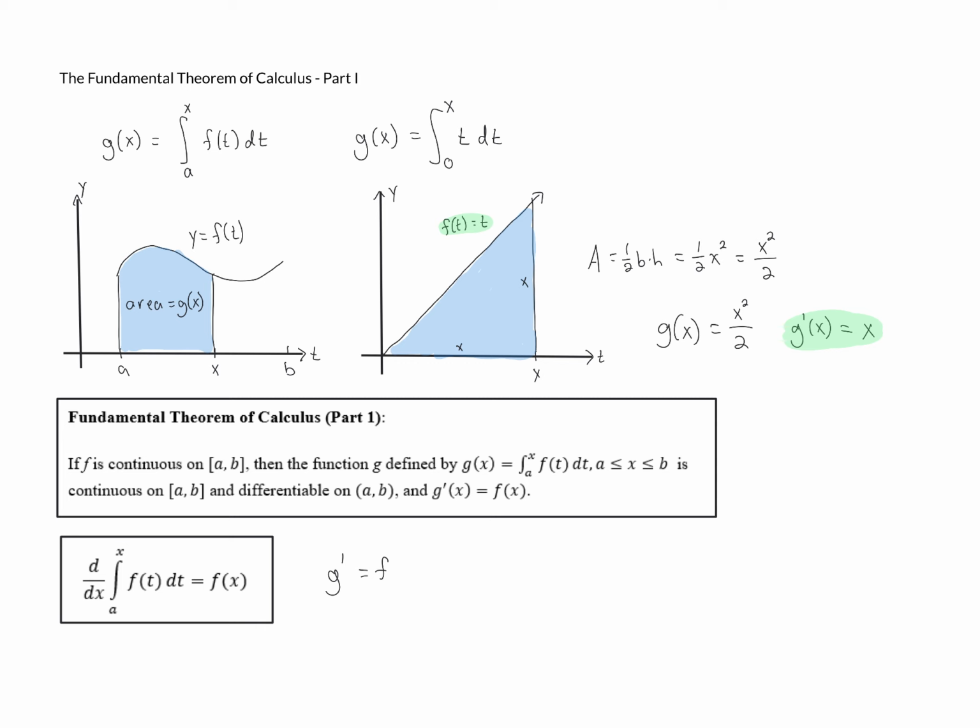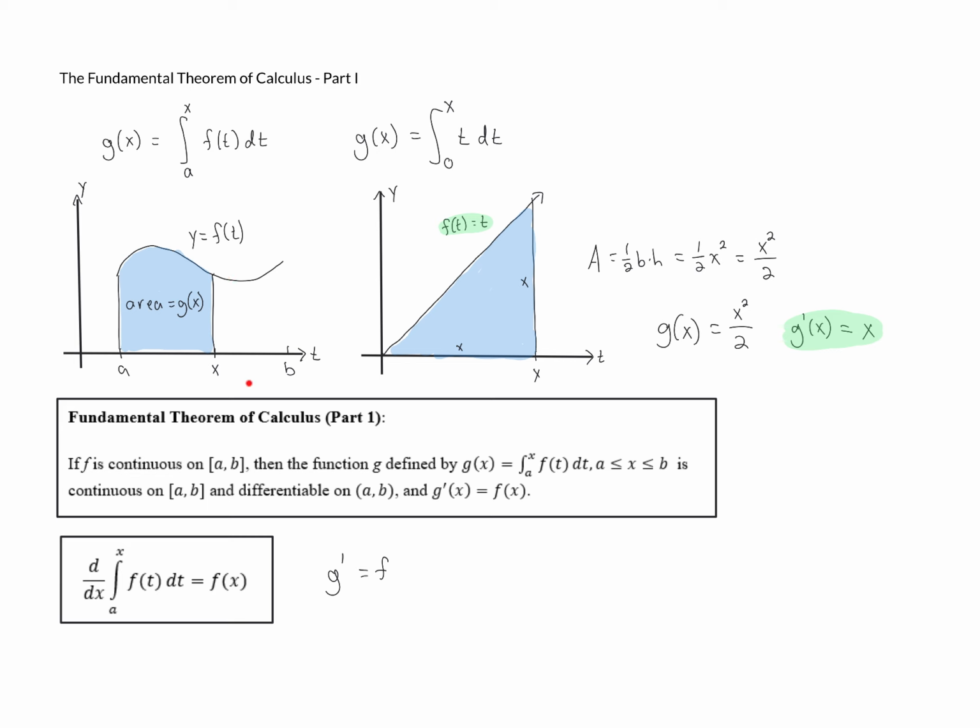in this particular case, anytime x is increasing, the area ends up increasing. And so the rate of change is positive, right? When something is increasing, that's a positive rate of change. And that's because the function values are all positive here.